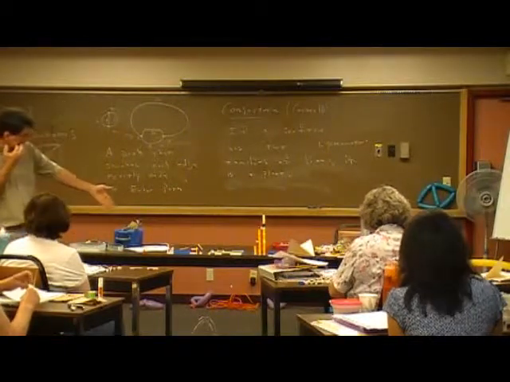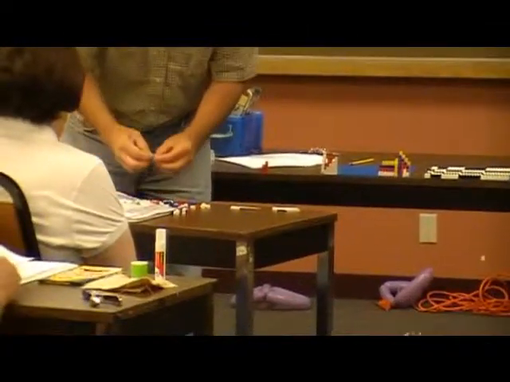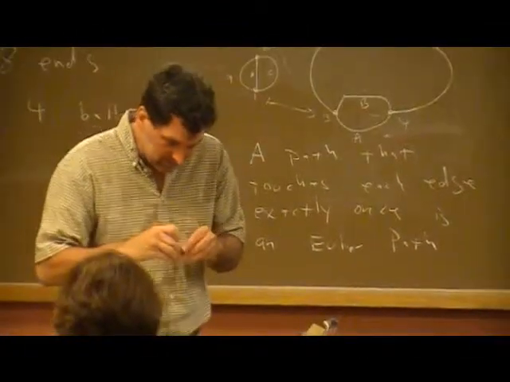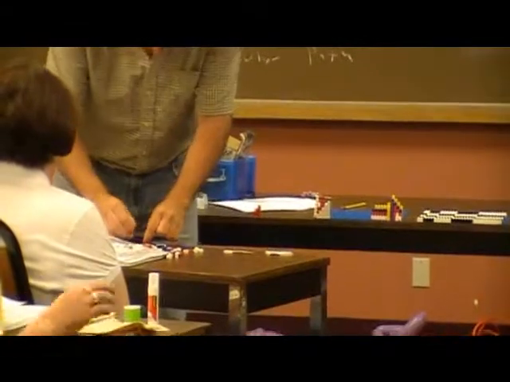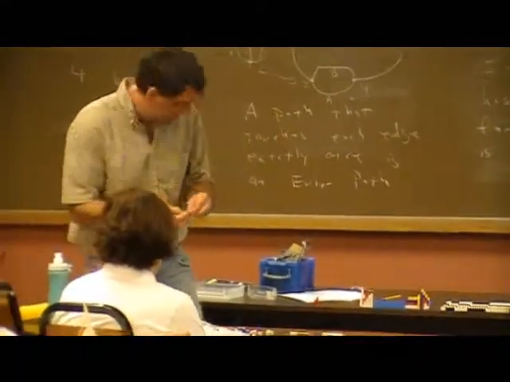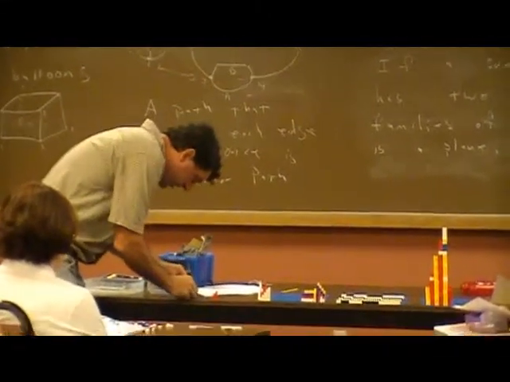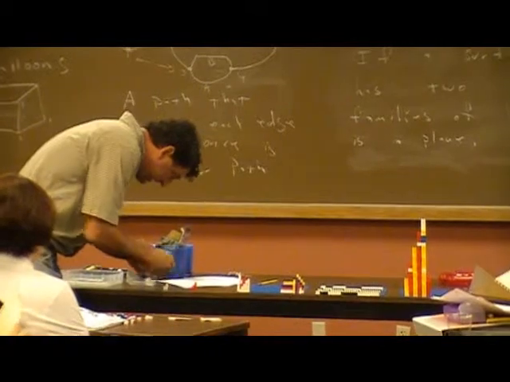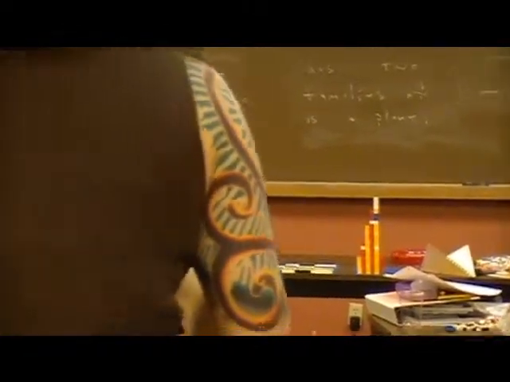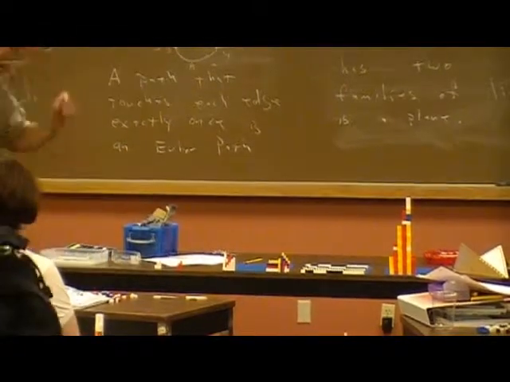In fact, would somebody like to build another triangle, say a white one, and combine them? Does somebody have an inspiration of how they might combine these two triangular numbers together to get a kind of cool formula?